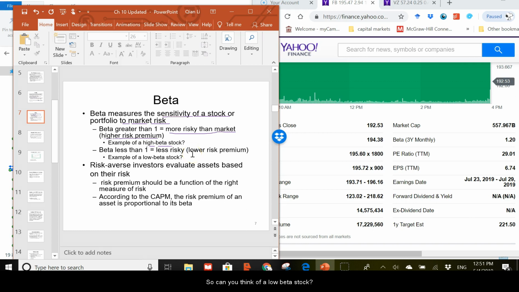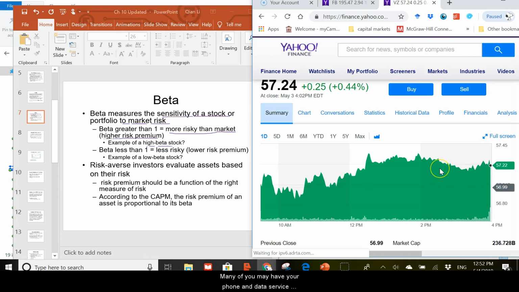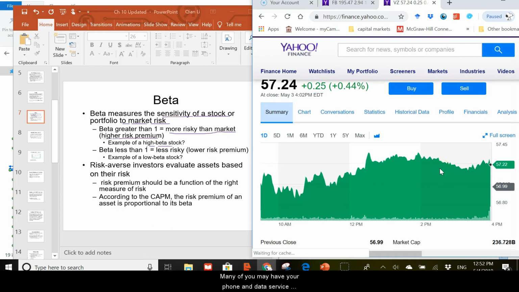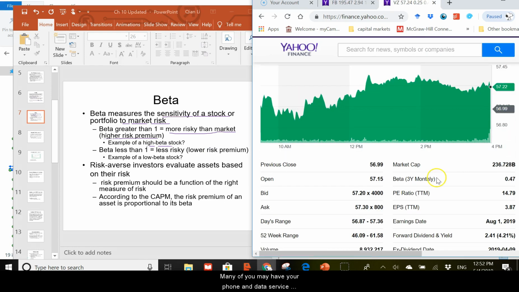So can you think of a low beta stock? Many of you may have your phone and data service provided by Verizon. And Verizon has a beta of 0.47, even lower than half. So you can imagine Verizon's risk premium is very low, much lower than the overall market risk premium.